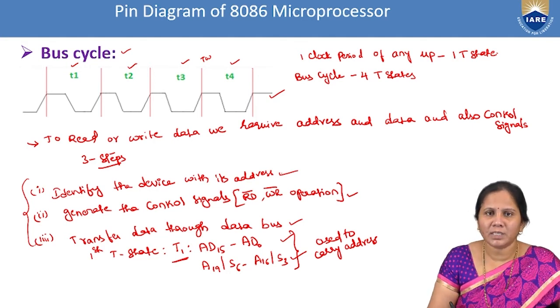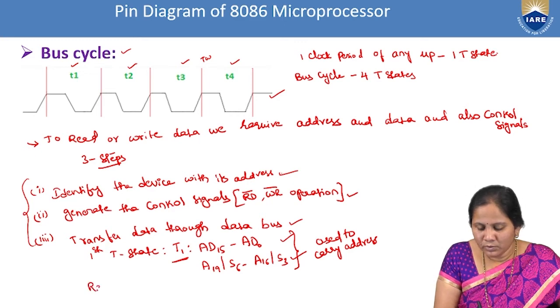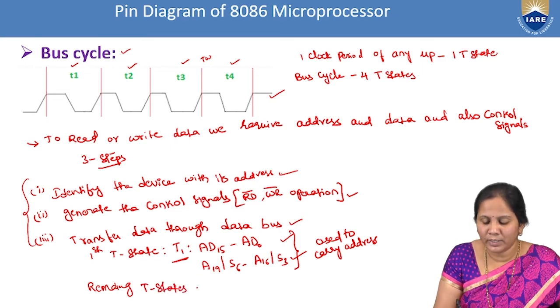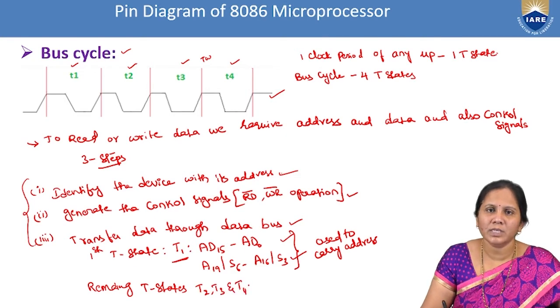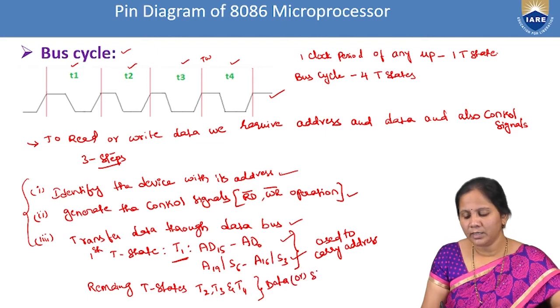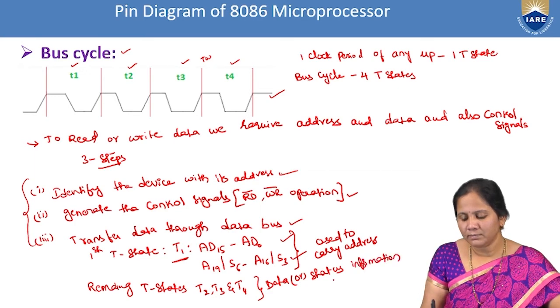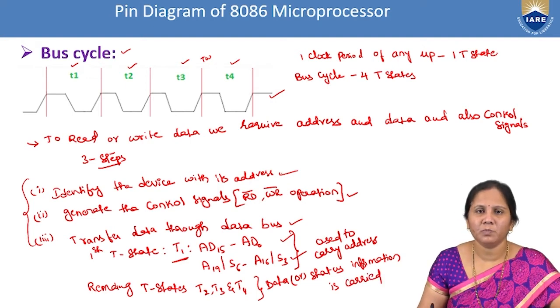Whereas in the remaining T states, that is T2, T3 and T4, including TW if we use it, the data or status information is carried.